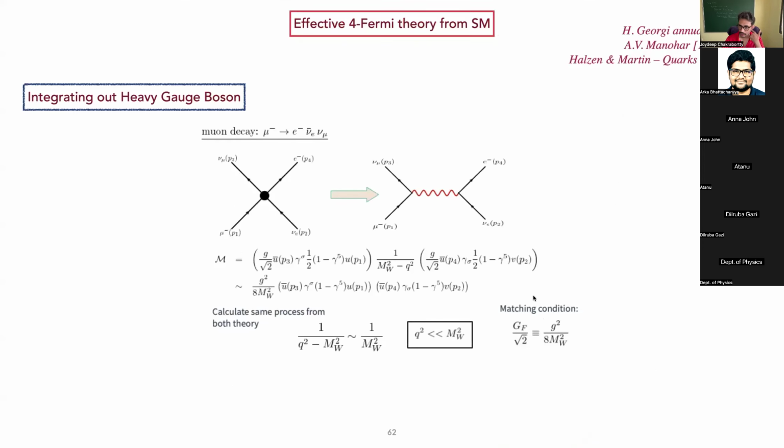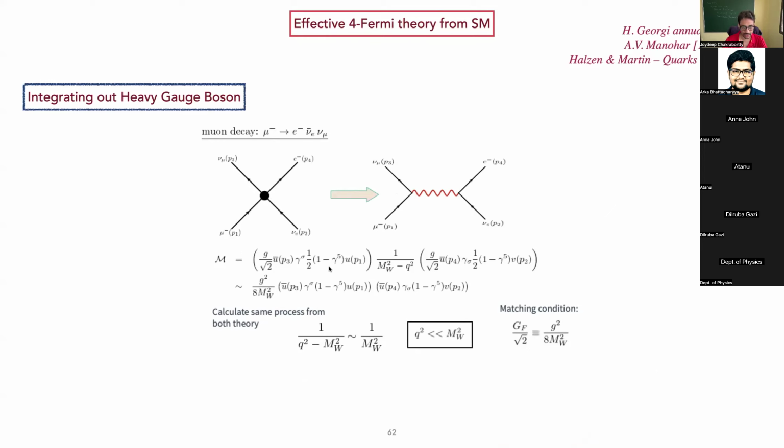So now, let's borrow the example of the effective four Fermi theory from the Standard Model. We have this full theory for the Standard Model, with the vector boson. Two currents are there, and the propagator is sandwiched between them.